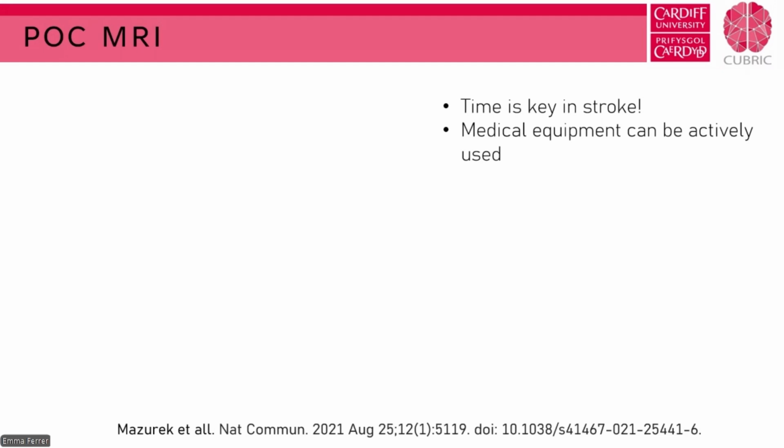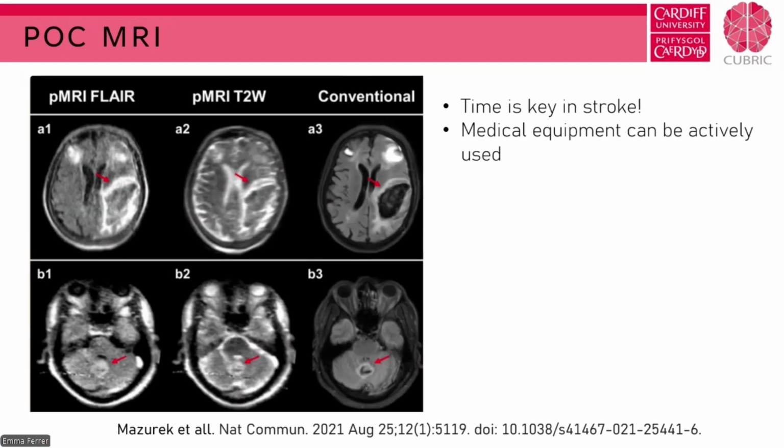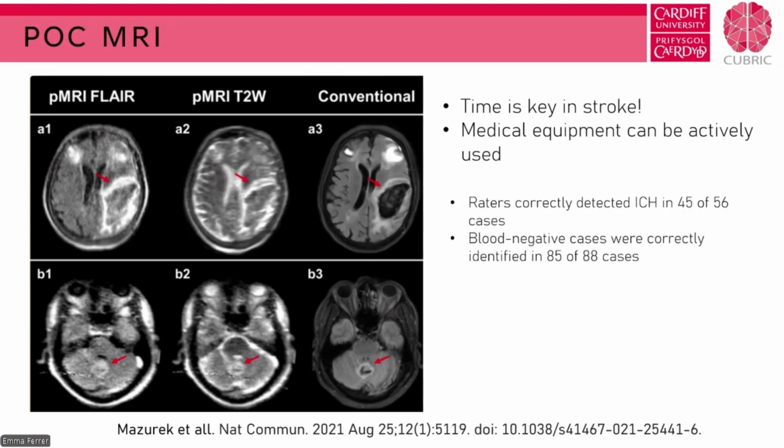And so time is really key, and often these patients in intensive care might need to be connected to medical equipment. So here's where some of these systems might be useful. There have been a few papers that have looked into the effectiveness of these systems for the diagnosis of stroke and distinction from cerebral hemorrhage. This is one of these papers that actually showed that the performance was fairly good.